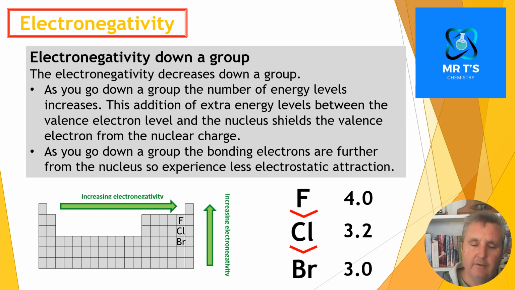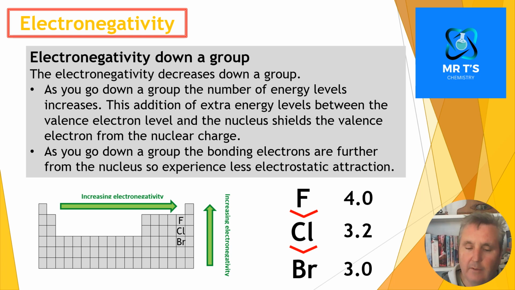So the nucleus in fluorine, let's say fluorine was bonded to a hydrogen, is attracted to the shared electrons. It's only got one energy level between itself and the electrons it's attracting, so there's only one energy level that can produce some shielding, and the energy level that it's attracting is only 2 levels out. It's not too far, so it's actually going to have a strong electrostatic attraction.